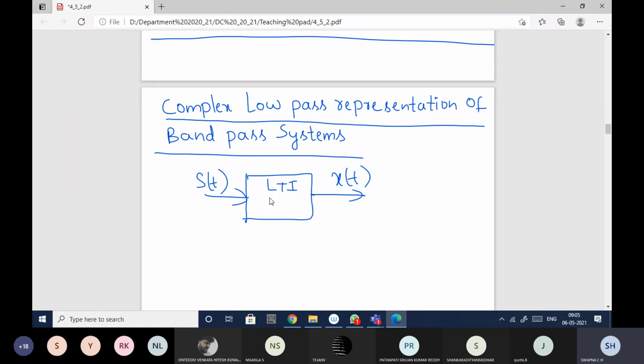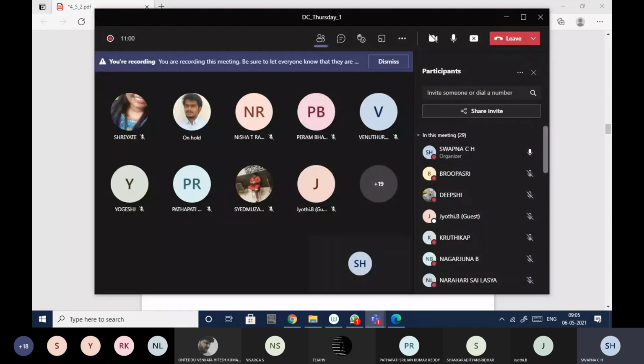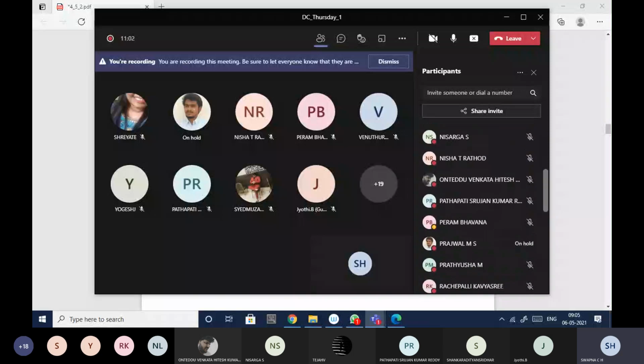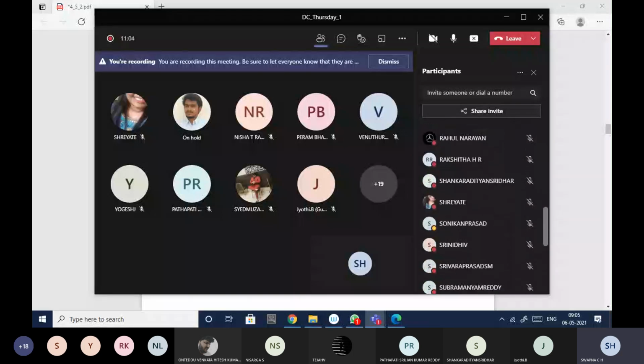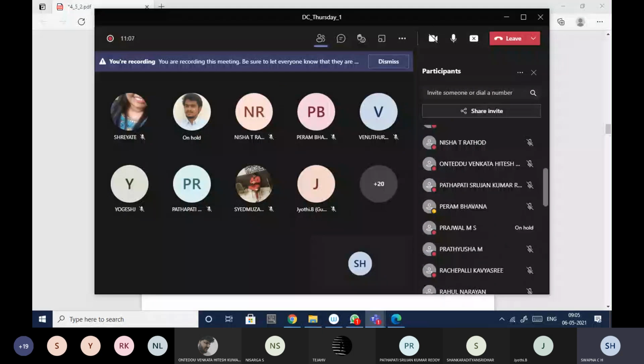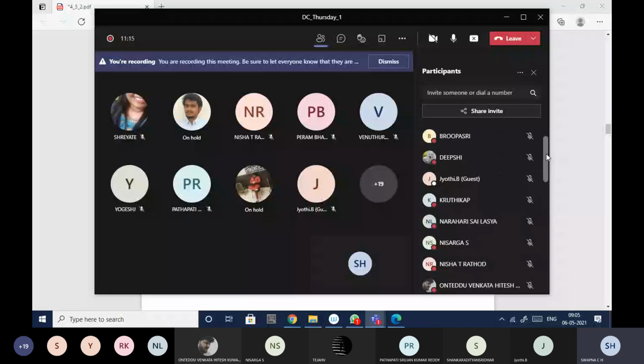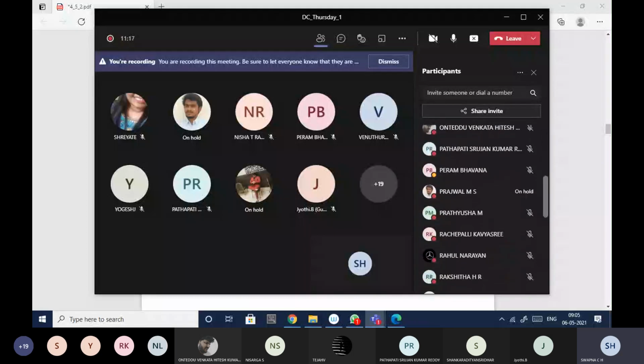How do you represent the system function? Anybody can tell me, because I've already explained what that system function is. Can anybody tell me? H of t, very good.